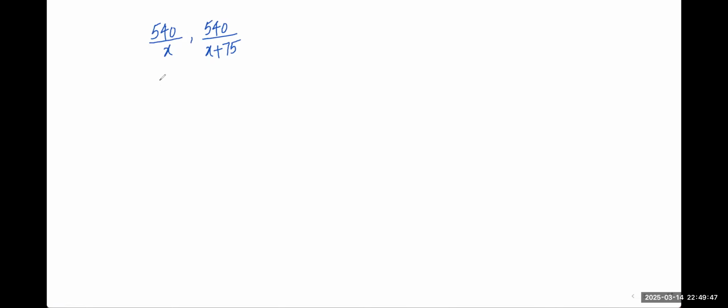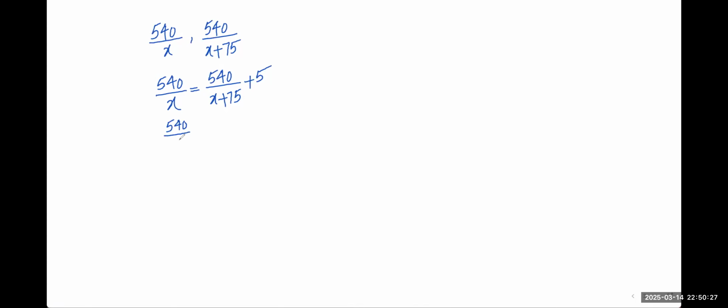So 5 more than means simply 540 divided by x equals 540 divided by x plus 75, plus 5. Using this information, we need to show the answer, so let me simplify and show all workings.